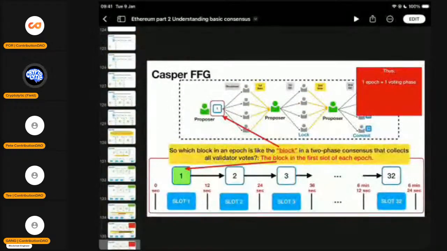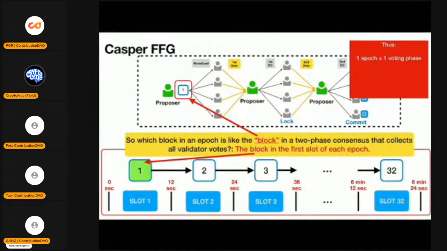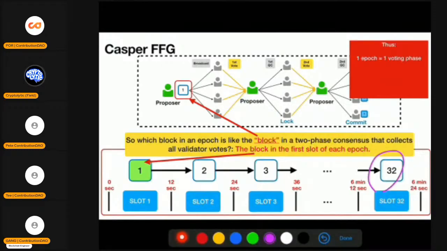If you consider the block at slot 32, it receives only the votes from the validators for slot 32.